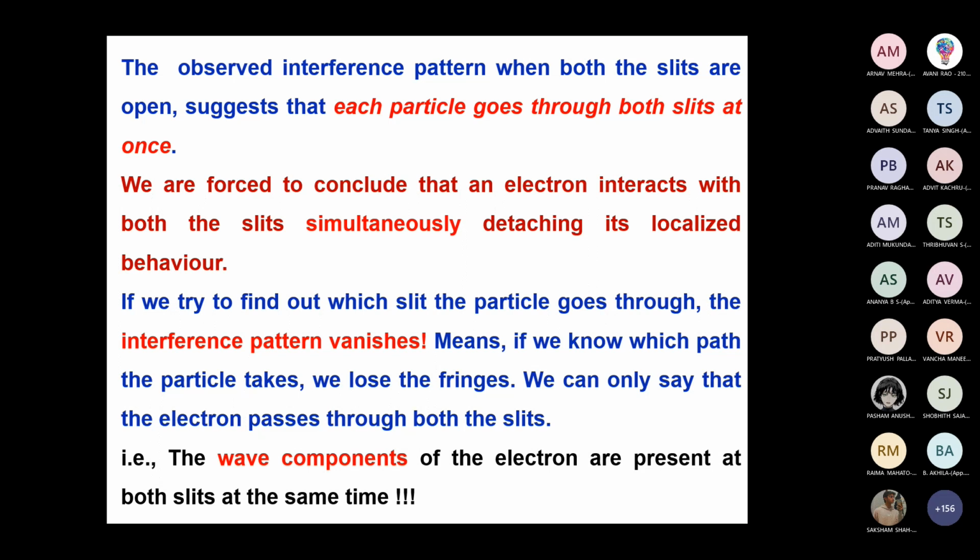So at the end, we can only say that the electron has passed through both the slits. It is hard to accept, but what is actually happening here is that the wave components of the electrons are present at both the slits at the same time. It is the wave component which is present at both the slits.